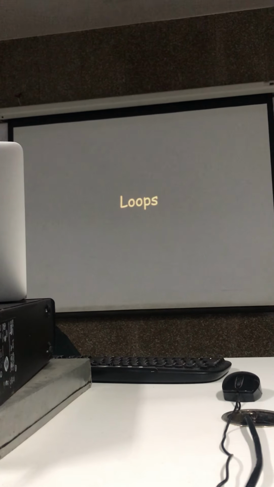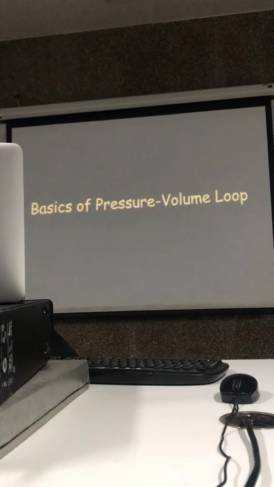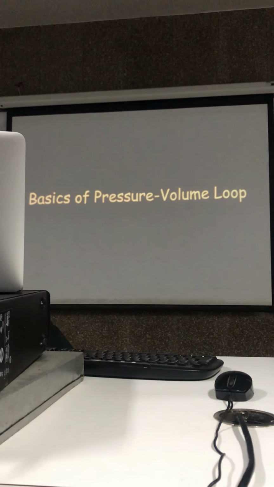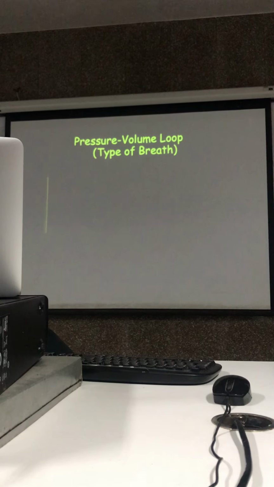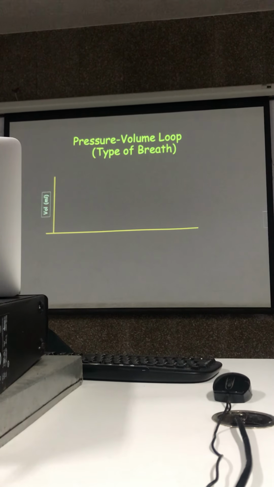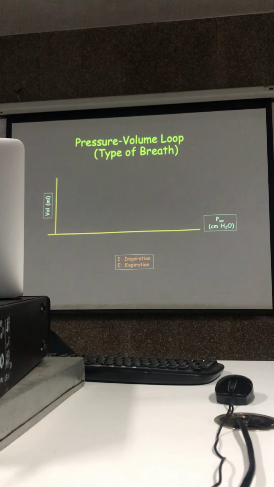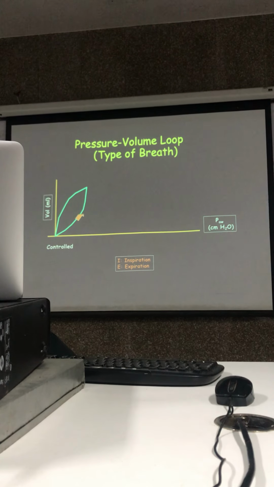Okay? So that's about the scalars. Now we come to loops. Okay? So let's look at the basics of the pressure volume loop. What is the type of breath that you can actually see in this particular group of patients? Okay? That's a controlled breath.